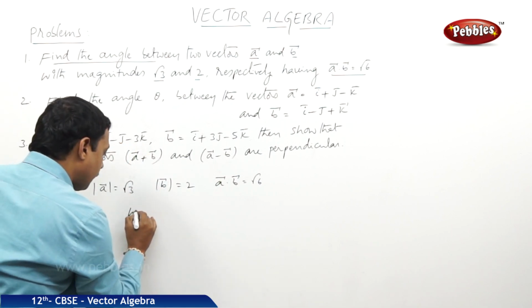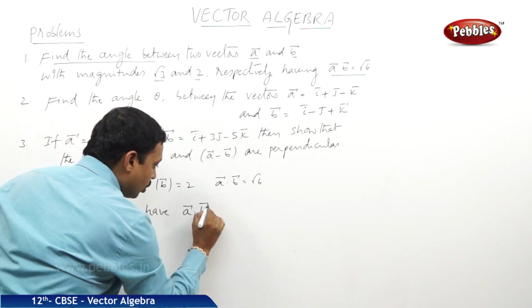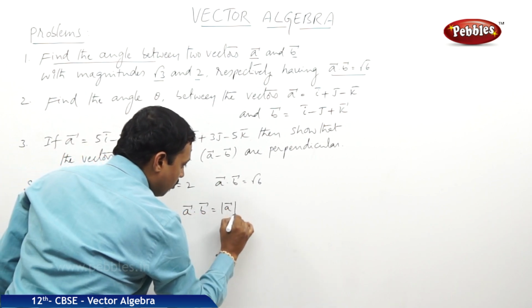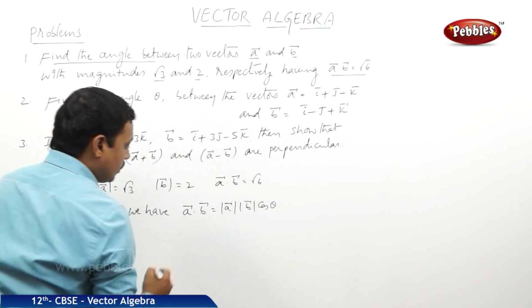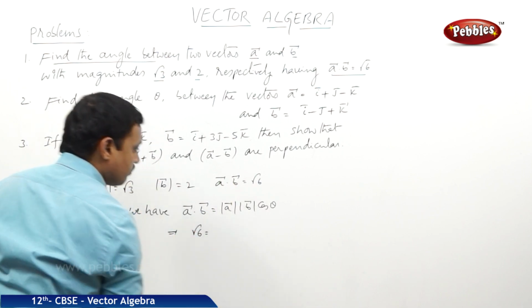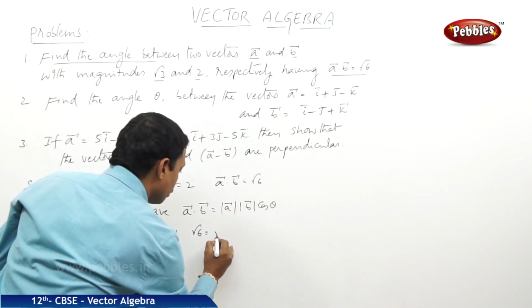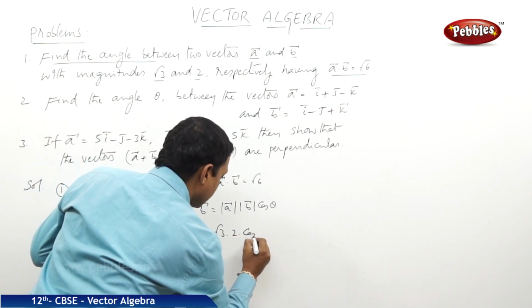Now we have A dot B is equal to mod A mod B cos theta. So here A dot B is already given, root 6. Mod A is equal to root 3 into mod B is equal to 2 into cos theta.